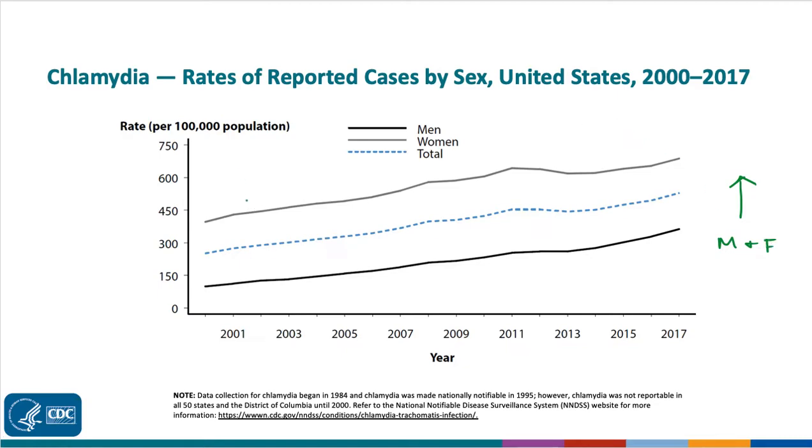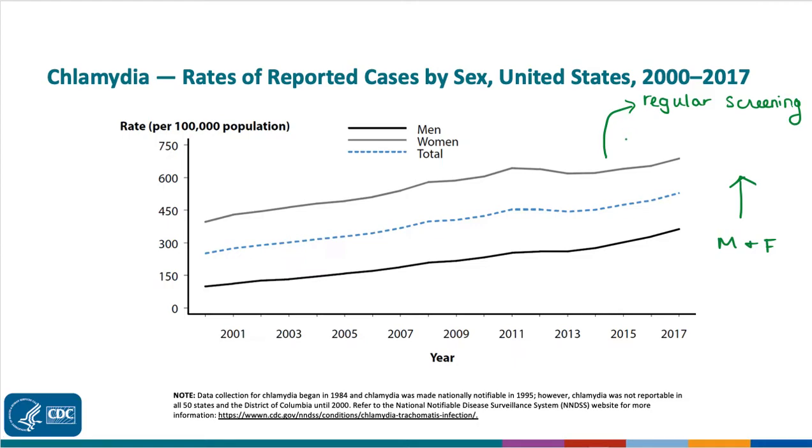And there are two reasons why females might report more infections. One reason could be more regular screening due to yearly pap smears. Oftentimes when you go in for a pap smear, doctors will automatically do a swab of the cervix and do some culture from that swab.